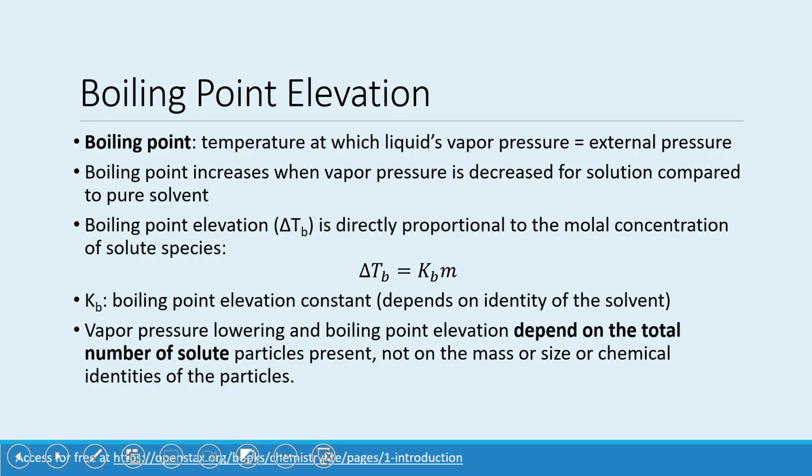And this is going to depend on the identity of the solvent, right? So it does not matter what the solute is. All we care about is the total number of solute particles, which is represented by the molality in the equation. And then the Kb, your boiling point elevation constant, is going to depend on what solvent you have.